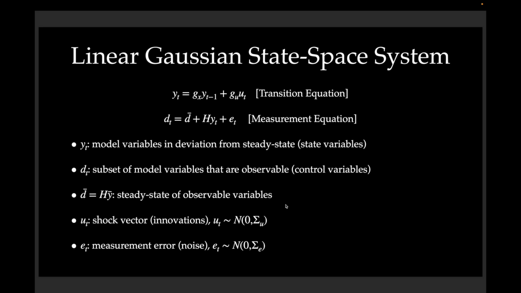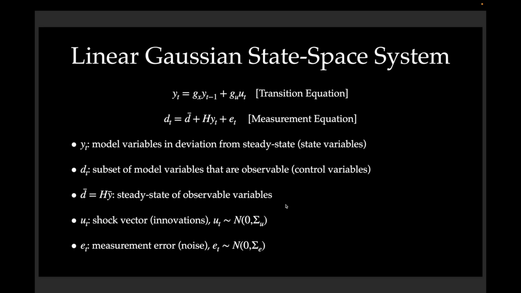And we've seen how this works. The transition equation, in the statistical literature, will be called the equation for my states. Y, in our case, we call those model variables. And then our measurement equation would be the equation for control variables. For us, this is the subset of model variables that are observable.